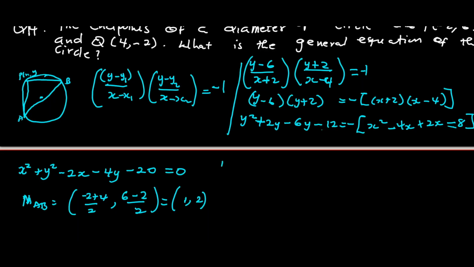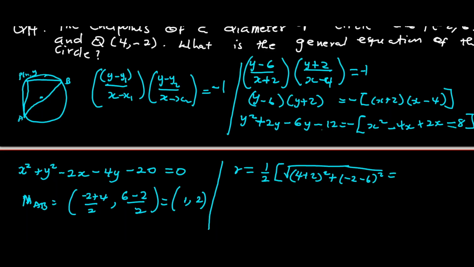Then we can also find the radius by finding half of the distance of the diameter. So the radius r will be equal to half of the square root of (x2 minus x1) squared plus (y2 minus y1) squared. Here our x2 is 4 minus our x1, which is negative 2, so plus 2 all squared, plus the y's, negative 2 minus 6 all squared.